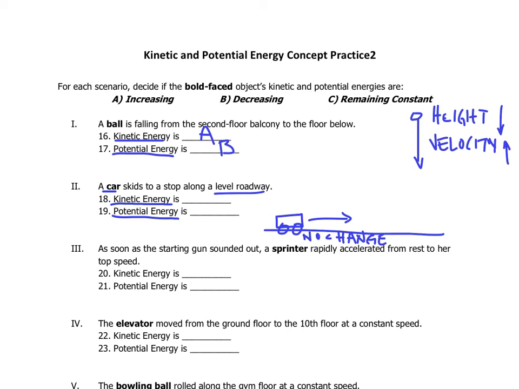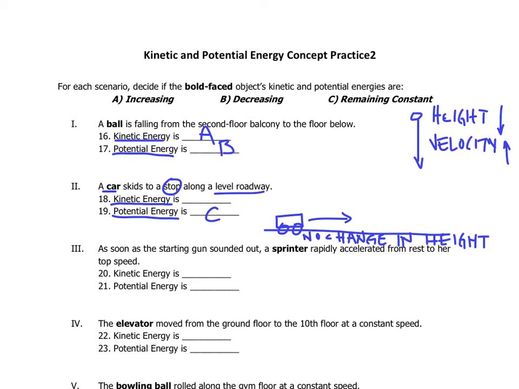So if there's no change in height, then the potential energy is remaining constant. And then it says a car skids to a stop.